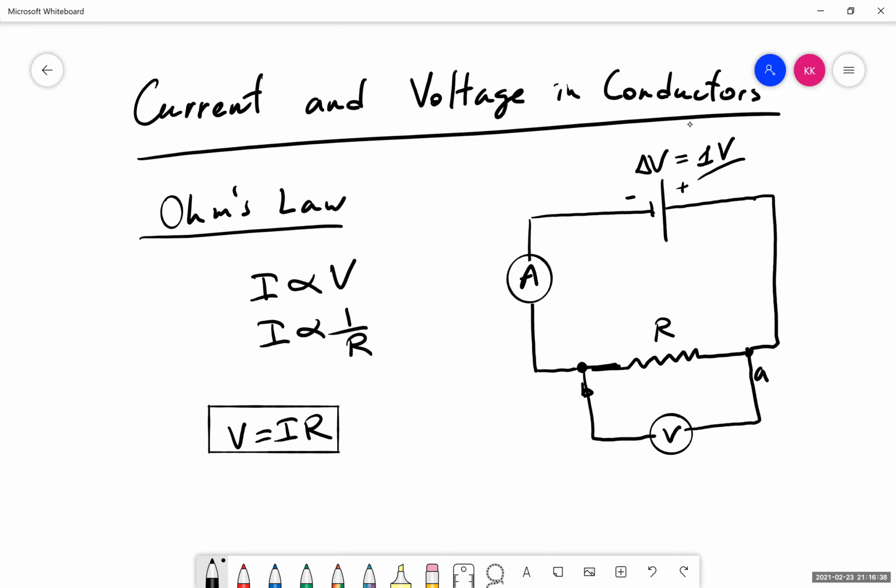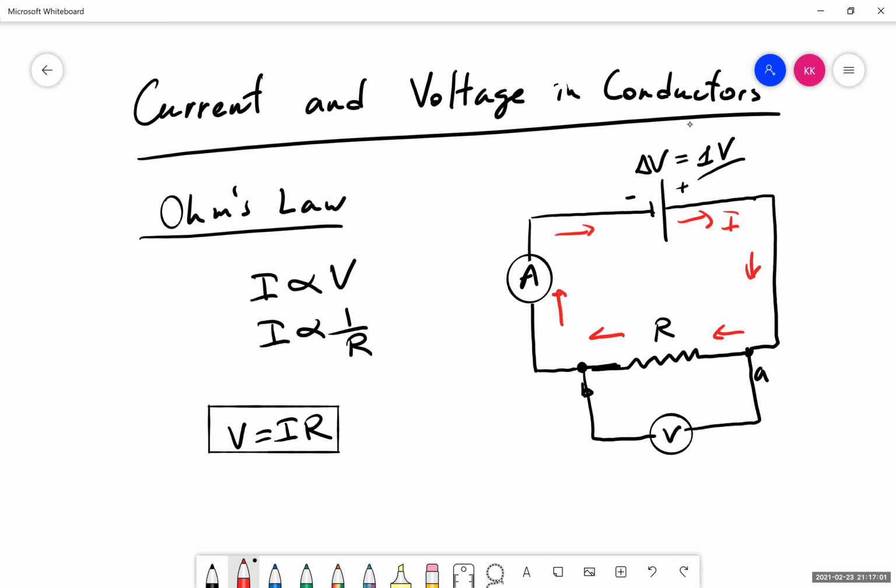Because the ammeter is in series with the resistor, it will measure the same current. Remember, two devices in series always have the same current because there's only one path for the current. The current comes like this, goes through the ammeter, and then comes back to the negative terminal.